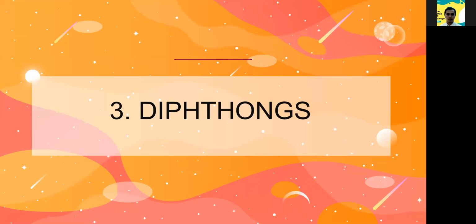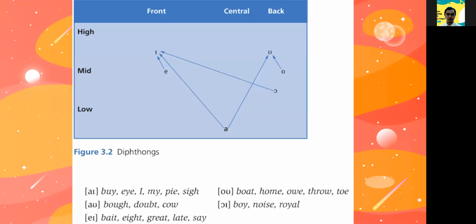The third part is diphthongs. A diphthong is slightly different from a vowel, because when you talk about the diphthong, you talk about a combination of vowels.